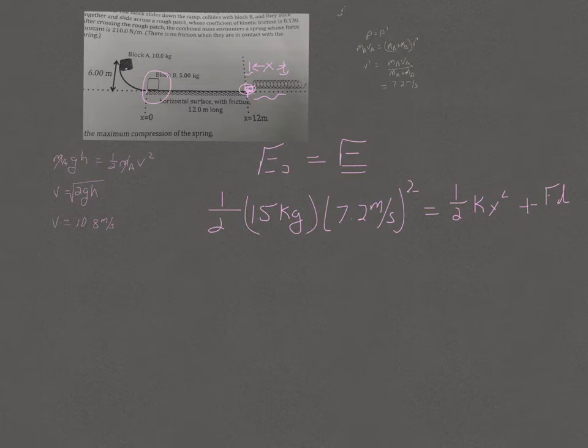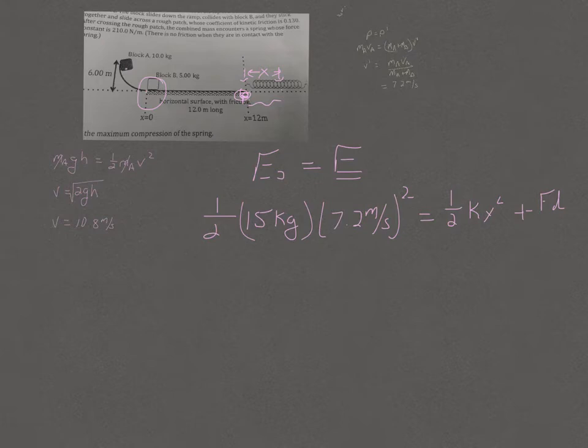And I'm adding the friction to this side because we need both the kinetic over here and the total energy over here to be equal. So if the spring energy is going to be less than this, you have to add whatever energy was removed to the right-hand side or subtracted from the left-hand side. So with friction, we know that it's going to be mu mg.